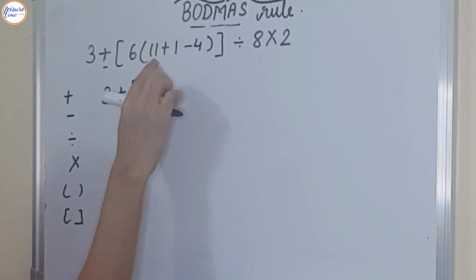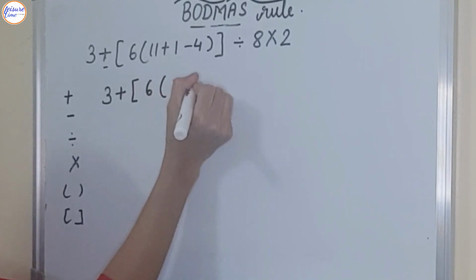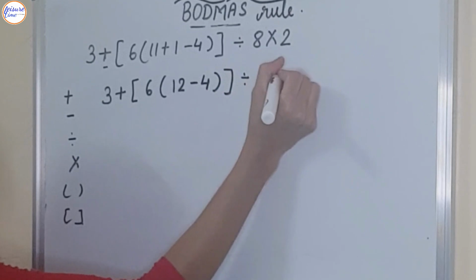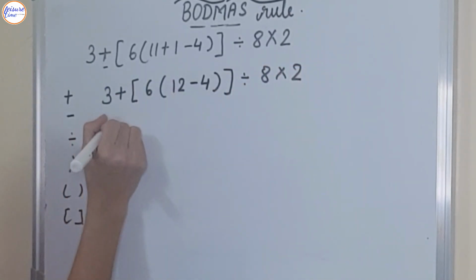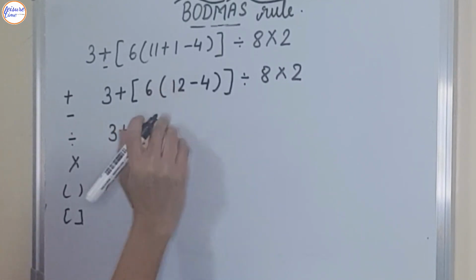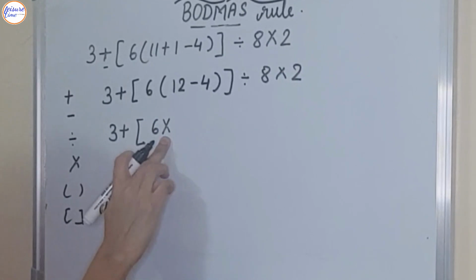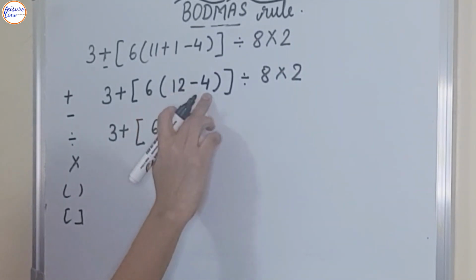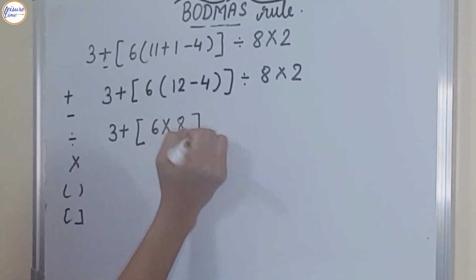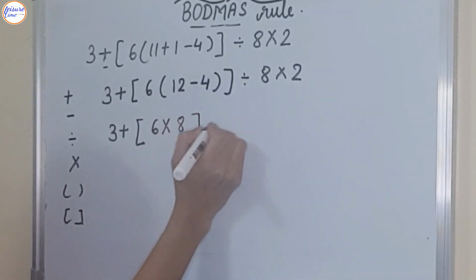Okay, now 3 plus 6, we will solve this bracket first. So 11 plus 1, how much? 12 minus 4, we will solve in the next line. 3 plus 6, this bracket means multiplication. Now put multiply here, and then 12 minus 4 is 8. Okay, now this small bracket is solved.